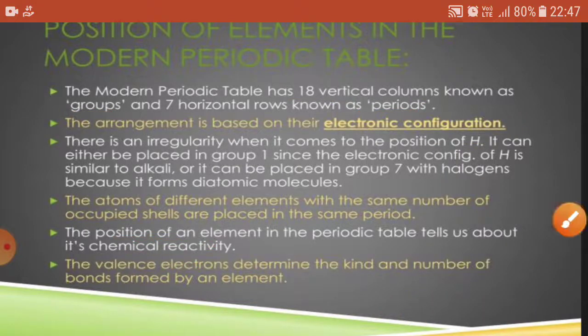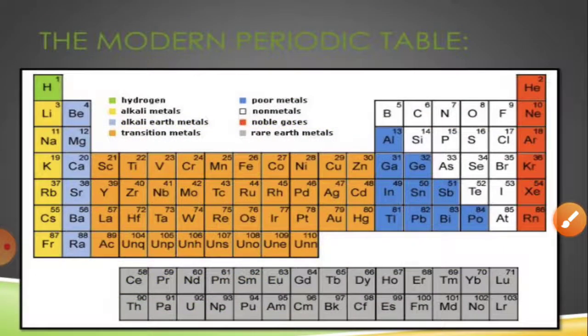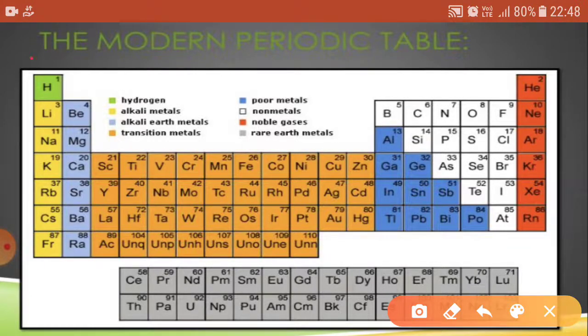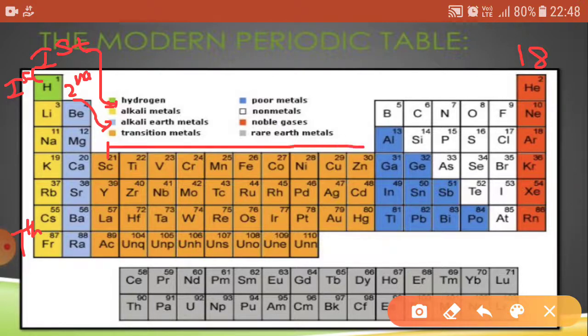Now, we will discuss the different periods and groups in the modern periodic table. There are 18 groups and 7 periods. So these are the 7 periods, and the first group is known as the alkali metals. This is the second group, known as the alkaline earth metals, and from scandium to zinc, these are the transition metals or D block elements.